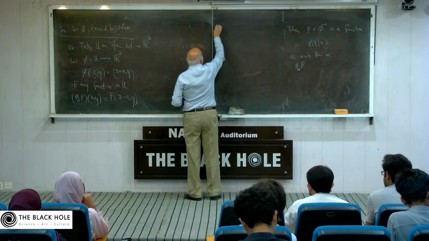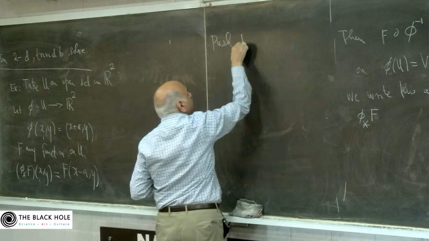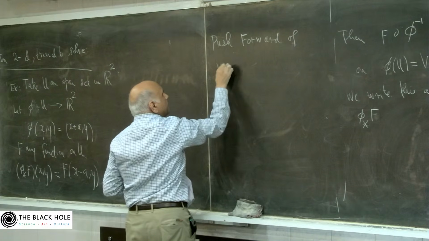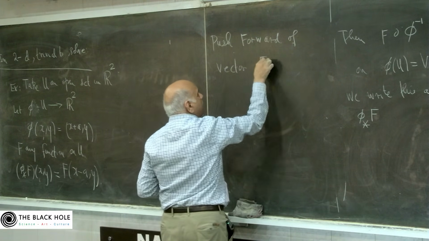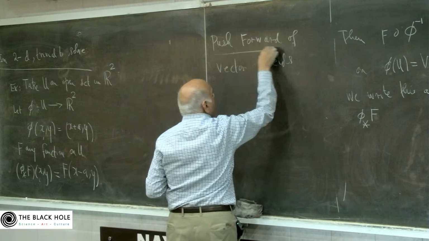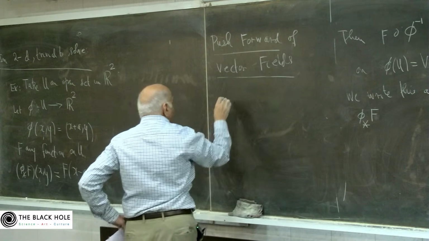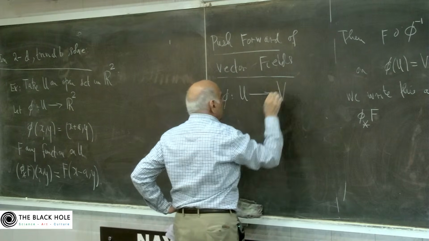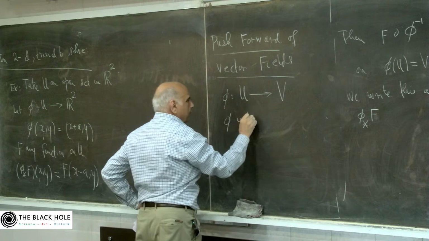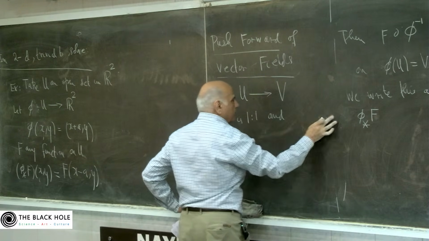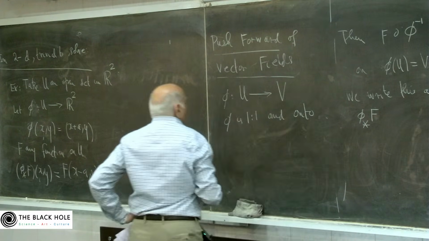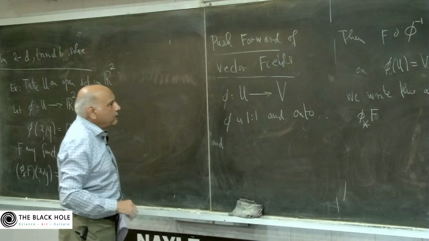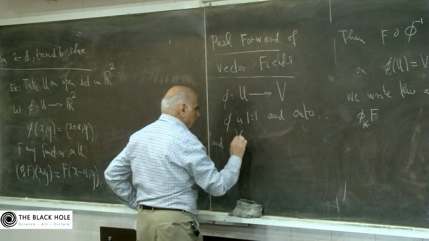Okay, and then push forward of vector fields. So phi is one to one and onto, and X a vector field.